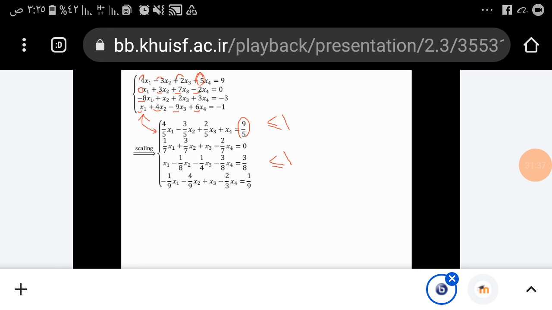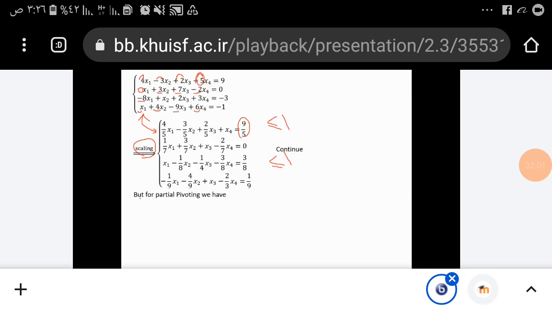This system and this system have the same solution. This is scaling. You can continue solving this system by Gauss elimination.